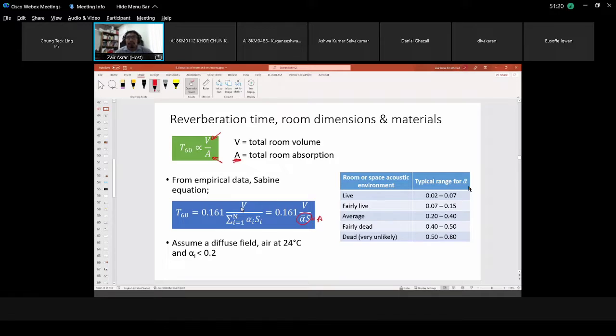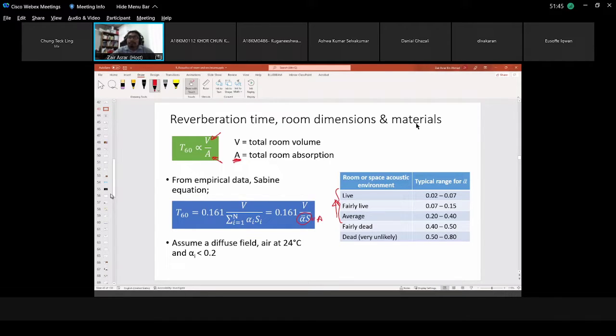So we are talking about an area from average up to a live space, or an area with reflection. We are not talking about an area that absorbs lots of sound energy. So this is where the Sabine equation can be used.